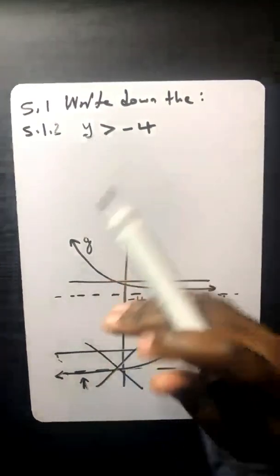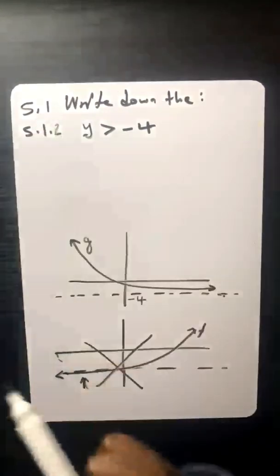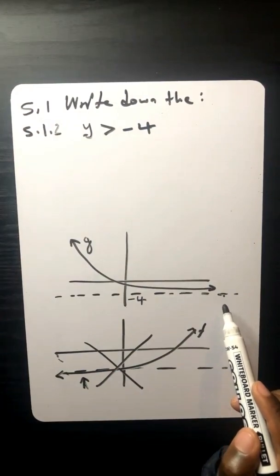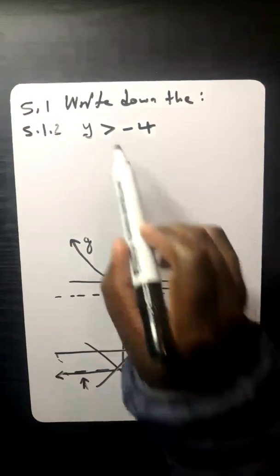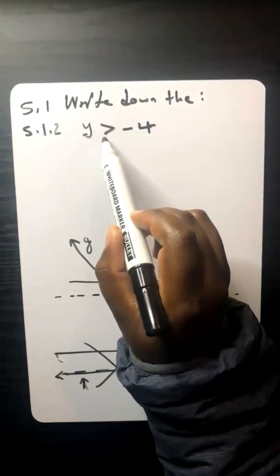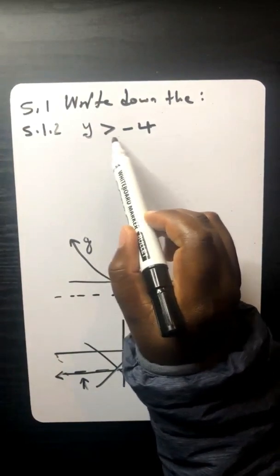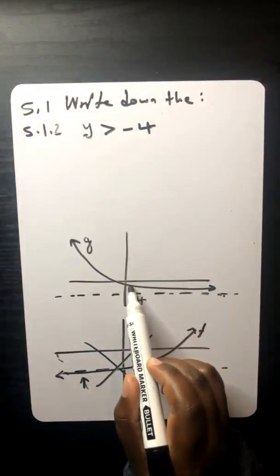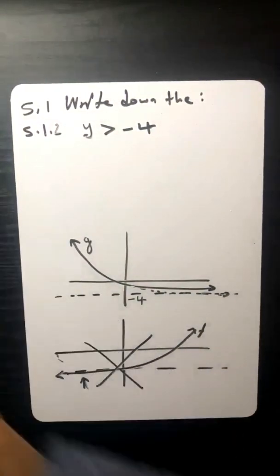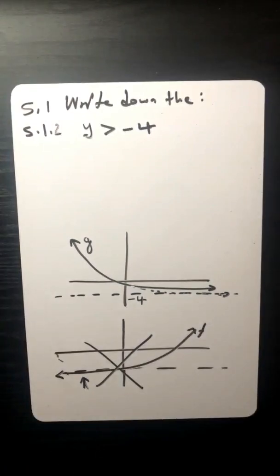Why greater than? Because it's actually above the asymptote. You cannot say it's equal to, because the moment you say equals to, it's more like you now say it is touching that asymptote. So guys, does it now make sense in terms of what we mean when we talk about the range?